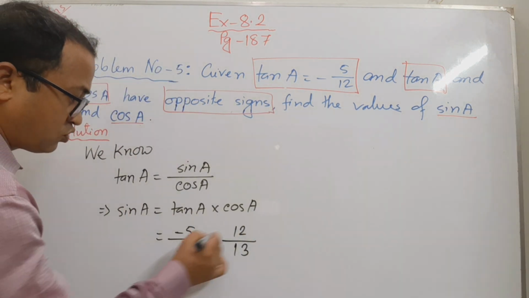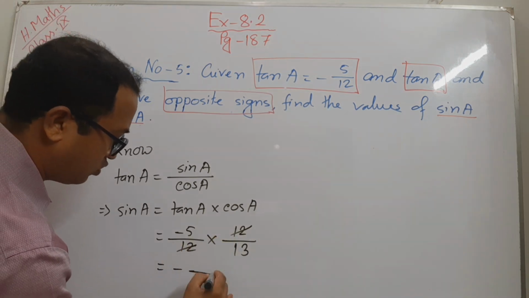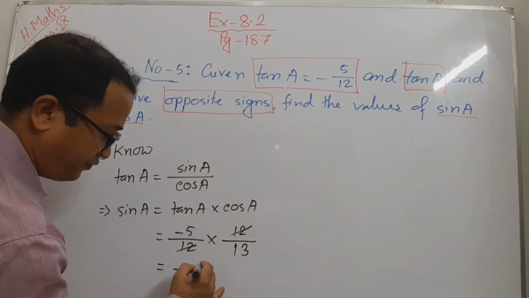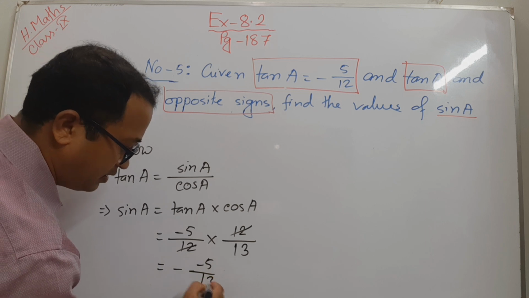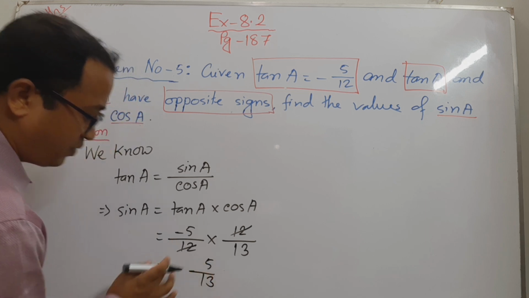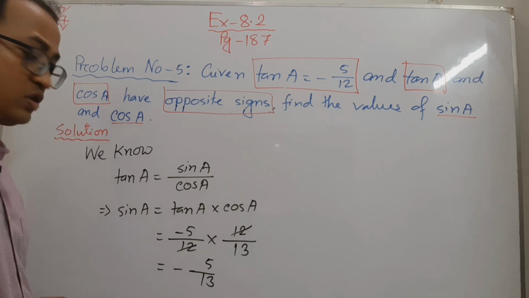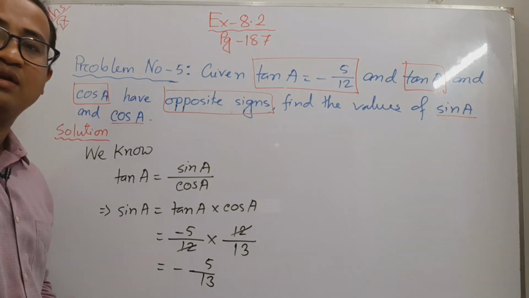So cancel these two. The value of sin A is minus 5 by 13. So this is the value of sin A.